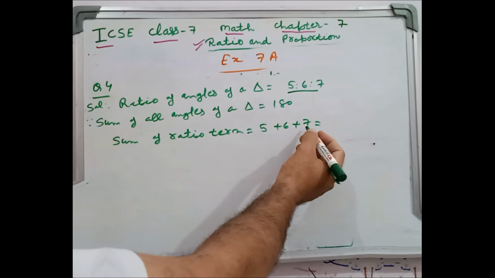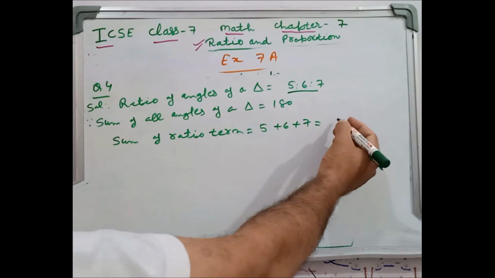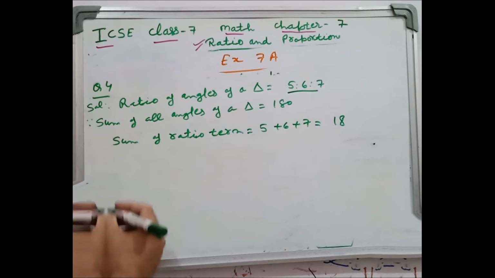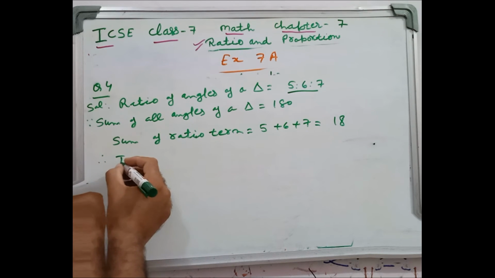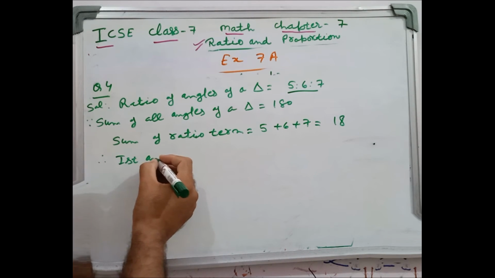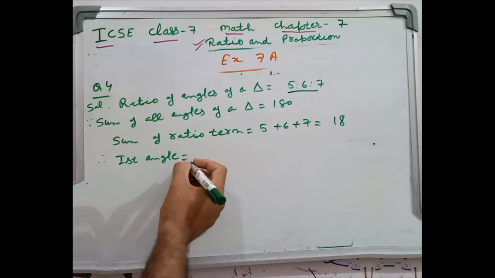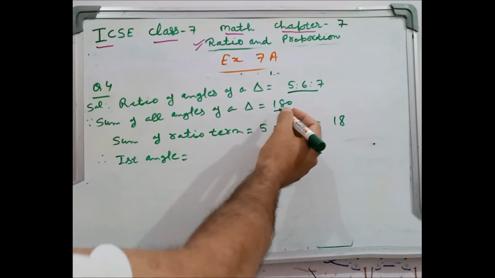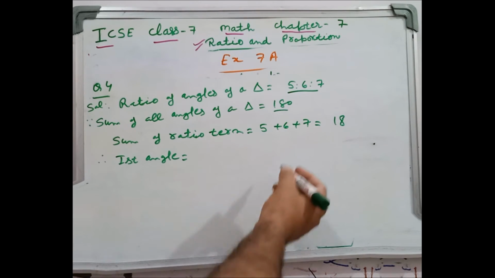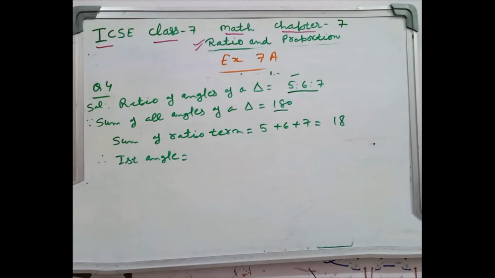So what is it? It is 7 plus 6, 13, plus 5, 18. So first, what is the sum? 180. This is the ratio, and this is the sum of ratio terms.